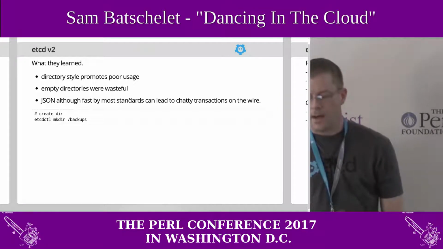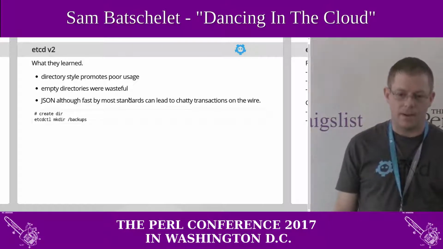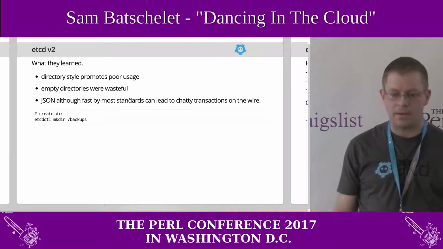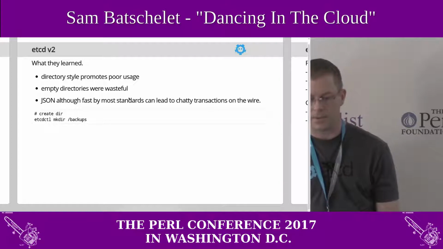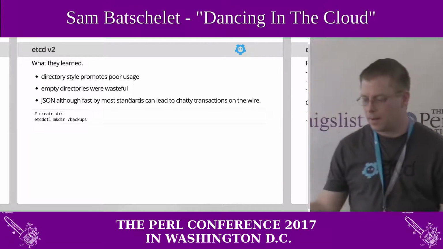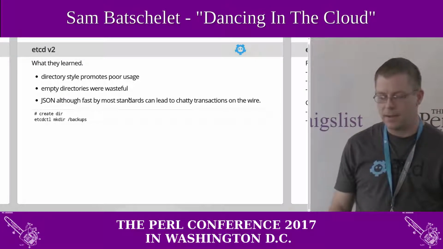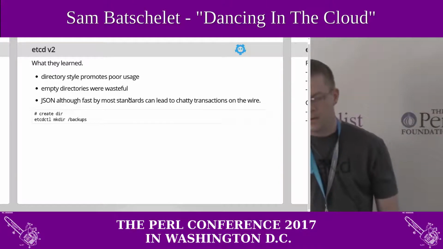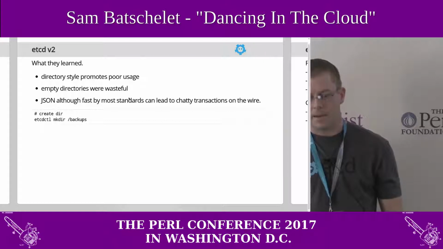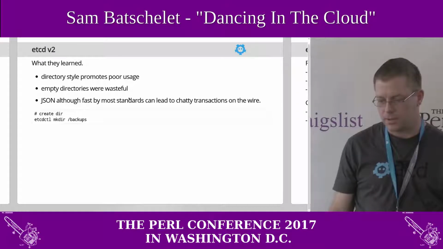Not only were the directories and the concept of a file system abused, which caused degradation of service when larger objects were stored in those directories, but also if you were to make a key of backups foo baz, and then put a value on baz, you just created a series of empty directories. And those directories ended up accumulating in size, and it was just wasteful.